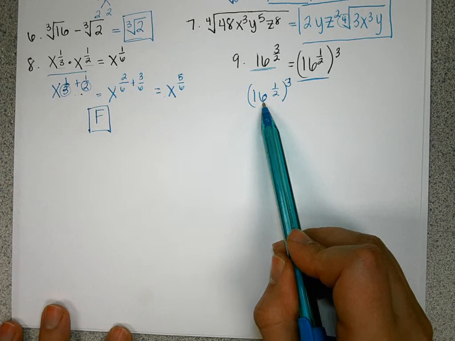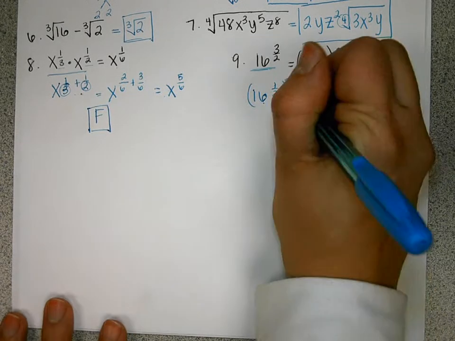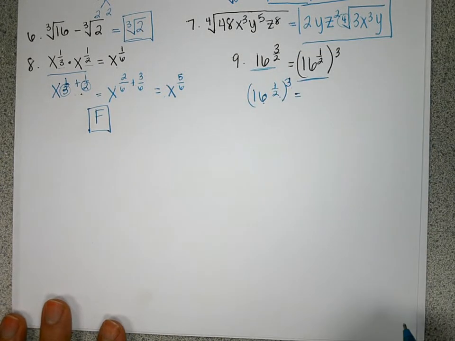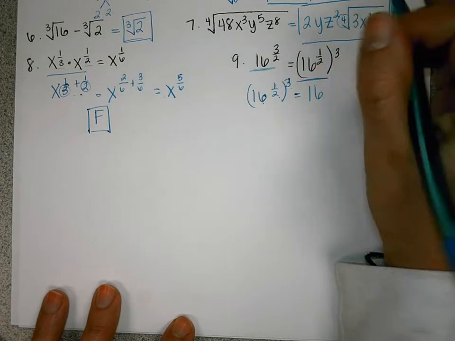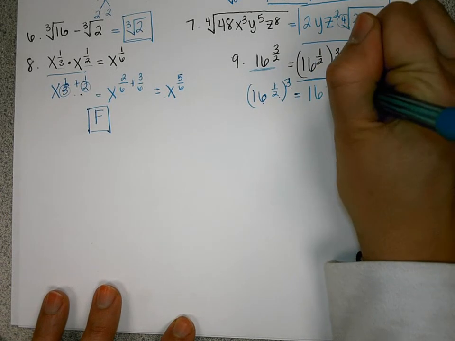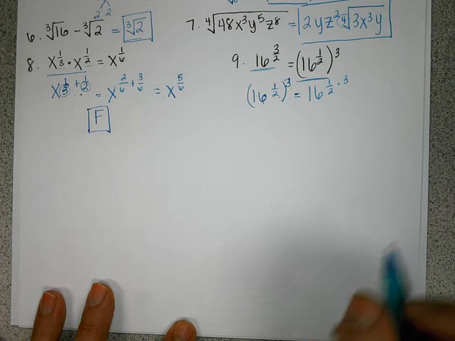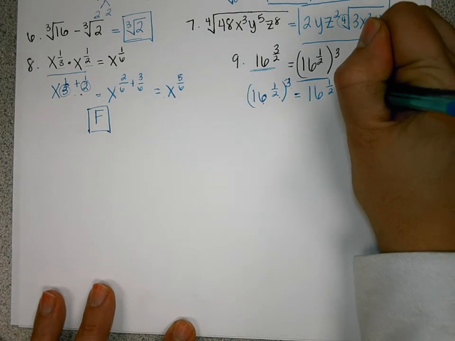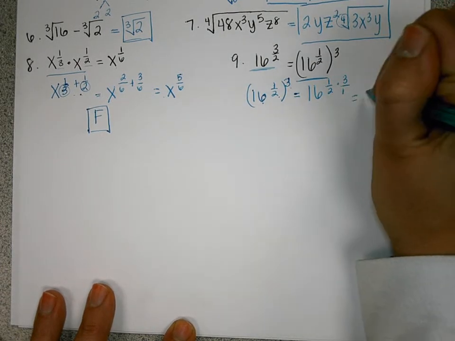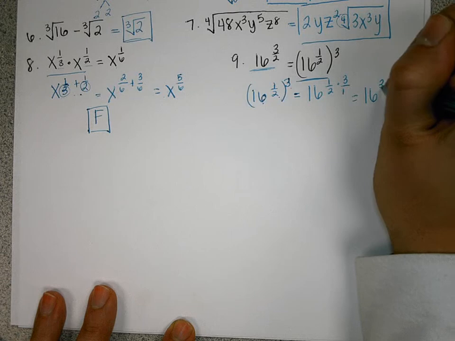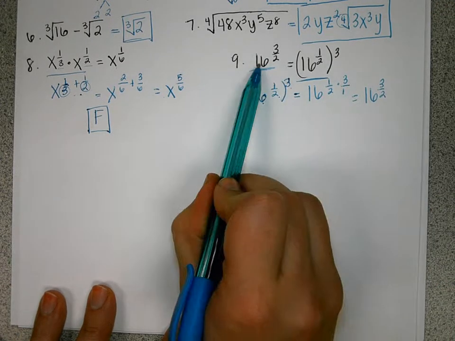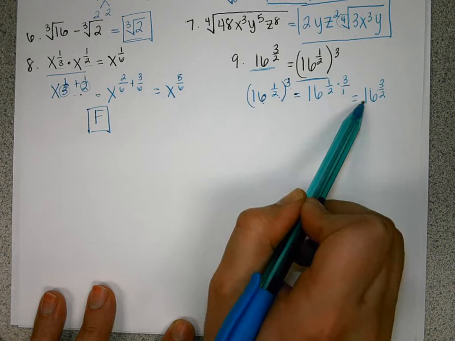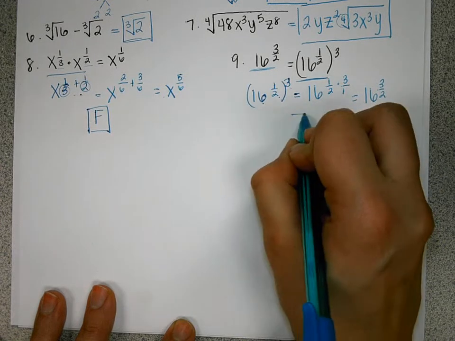When I'm raising a power to a power, what do I do with the exponents? I multiply. So this is going to be 16 to the 1/2 times 3. 3 by itself is the same as 3 over 1, so that's going to give me 16 to the 3 over 2. Are those the same? Yes, so it is true.